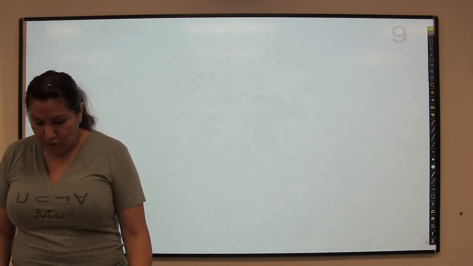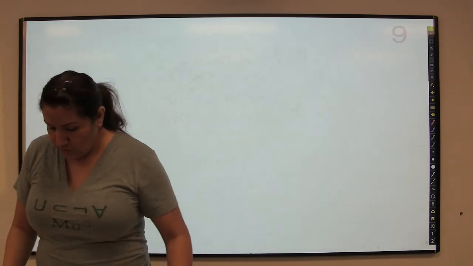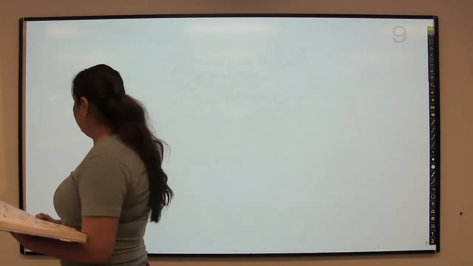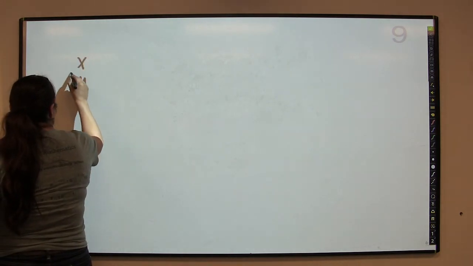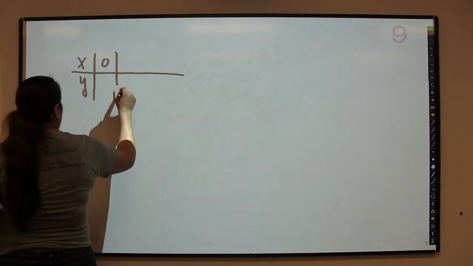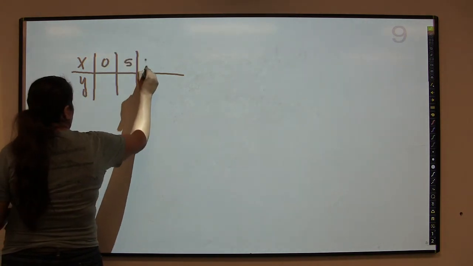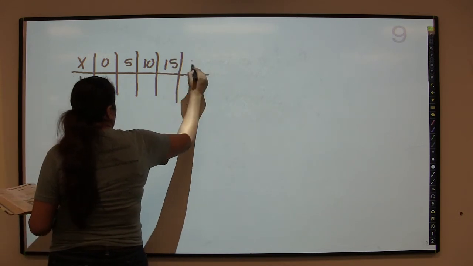This is an example in your book. It is on page 302. And what I will do is at least write for you here the actual table. 0, 5, 10, 15, 20.